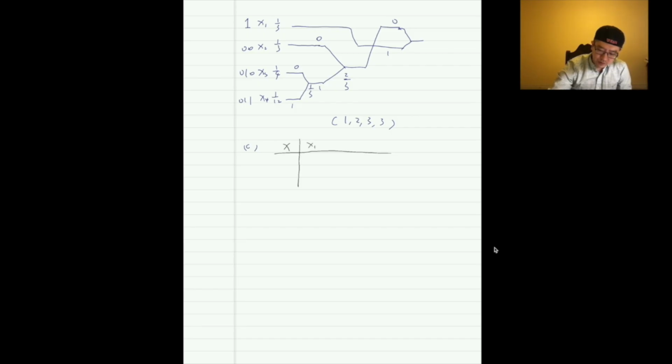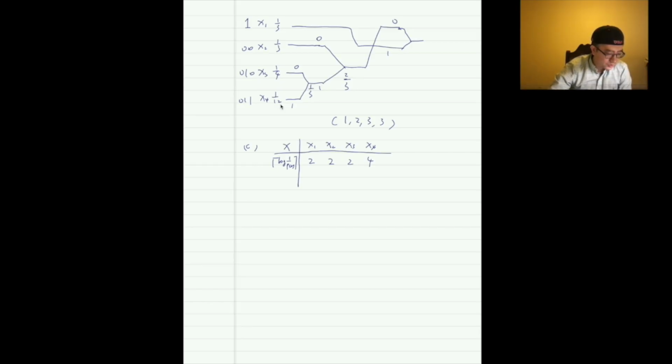Let's see x1, x2, x3, x4, and now we compute the length for the Shannon code. So px is given by 1/3, 1/3, 1/4, and 1/12. Here we can see that the first ones should be 2, 2, 2, and 4, because it's 1 over 12.